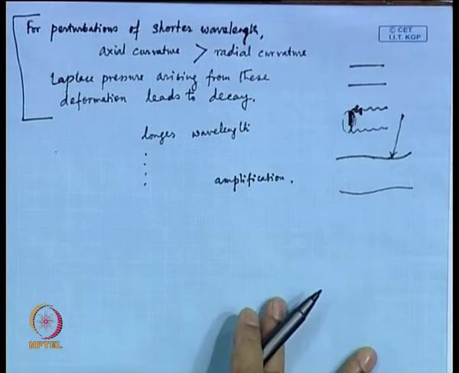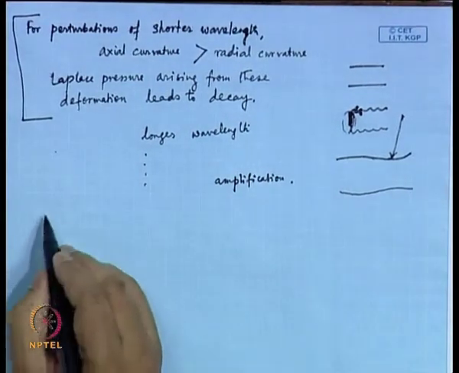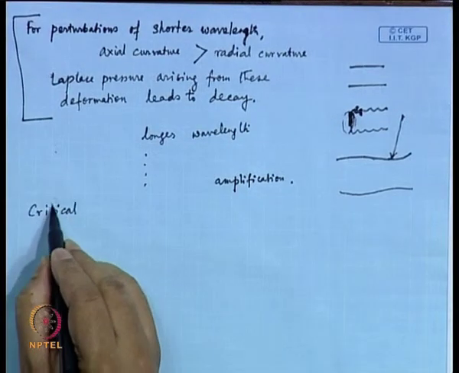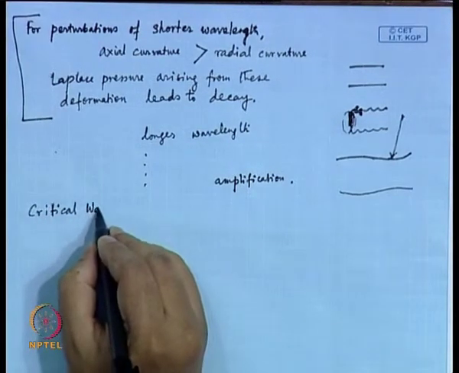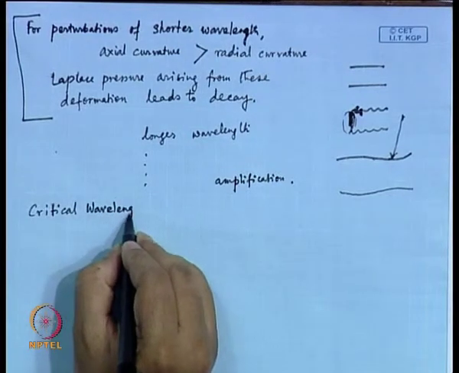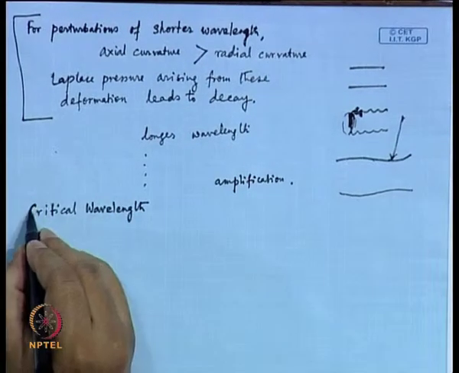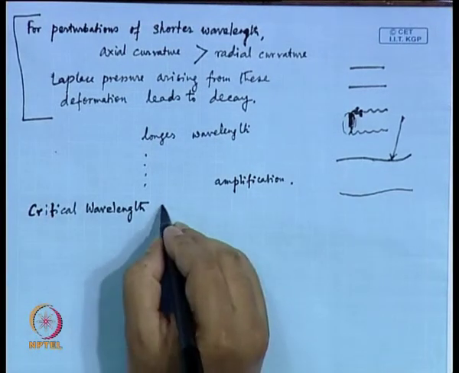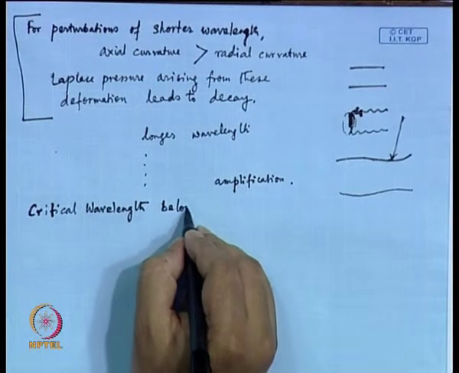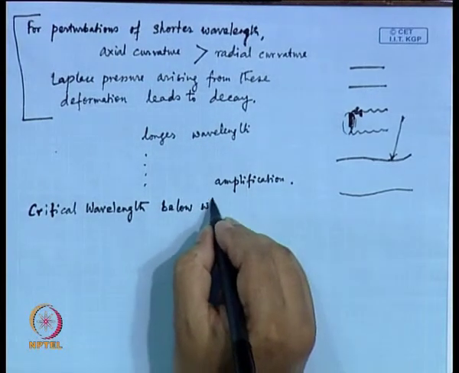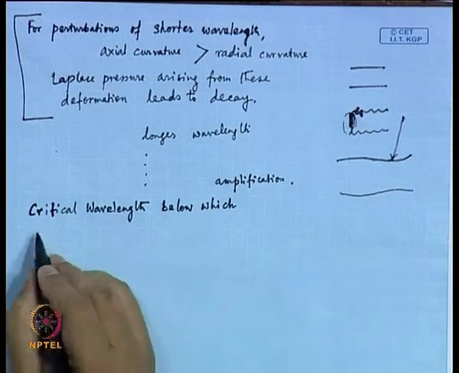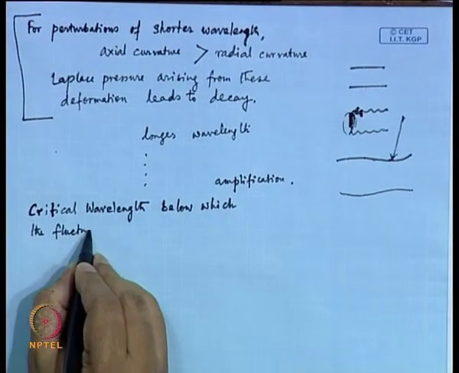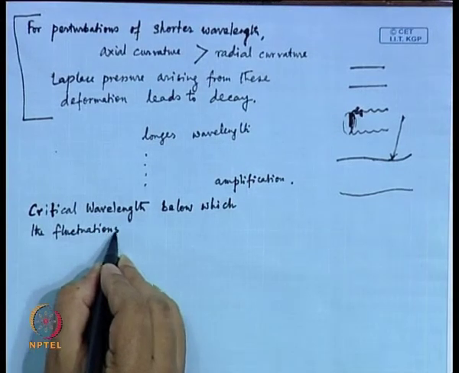So, in this case, there should be an existence of a critical wavelength below which the fluctuations decay.